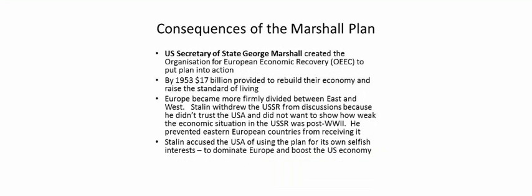As such, you have a West that rebuilds and becomes quite economically successful, contrary to an East which Stalin is increasingly keeping economically backward for the purposes of control, and a division of Europe is firmly established at this point.